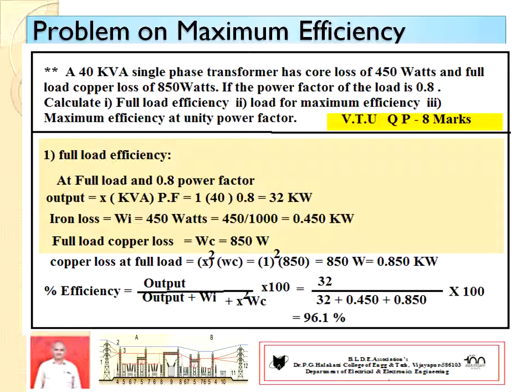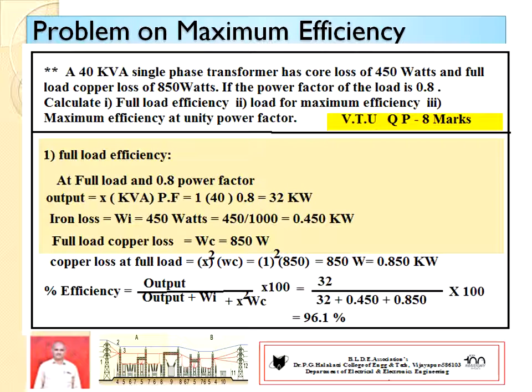First, he asked to calculate the full load efficiency as usual. So, at full load condition X equal to 1 and power factor is given as 0.8. First you calculate output. Output equal to X into kVA into power factor.